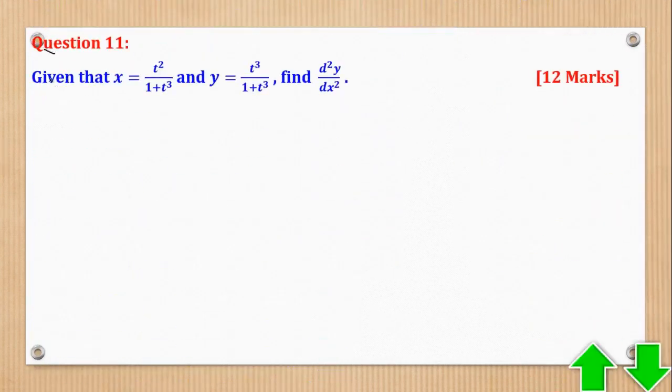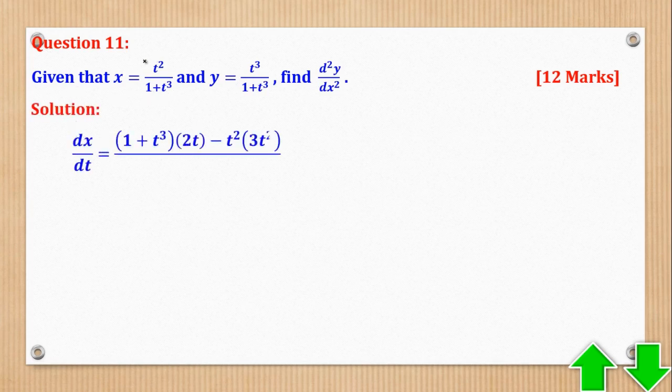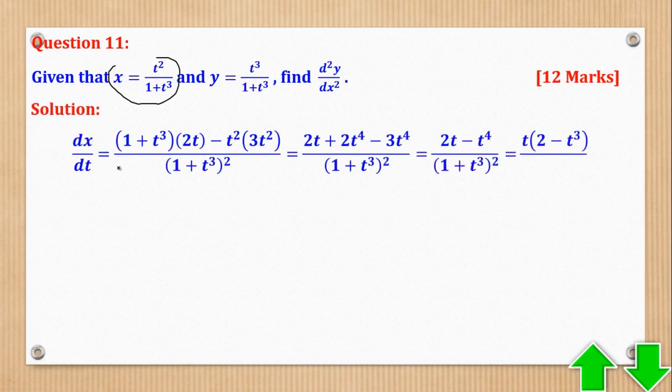Then question 11 says, given that x is equal to this and y is equal to this, find the second derivative of y with respect to x. So here for dx/dt we shall use the quotient rule.